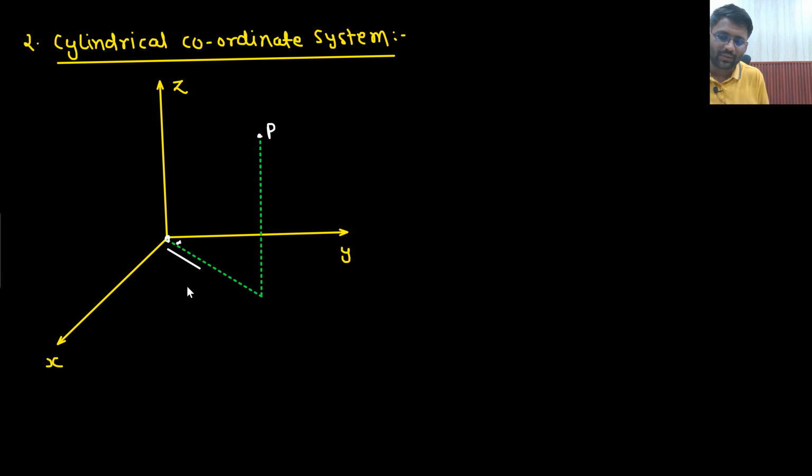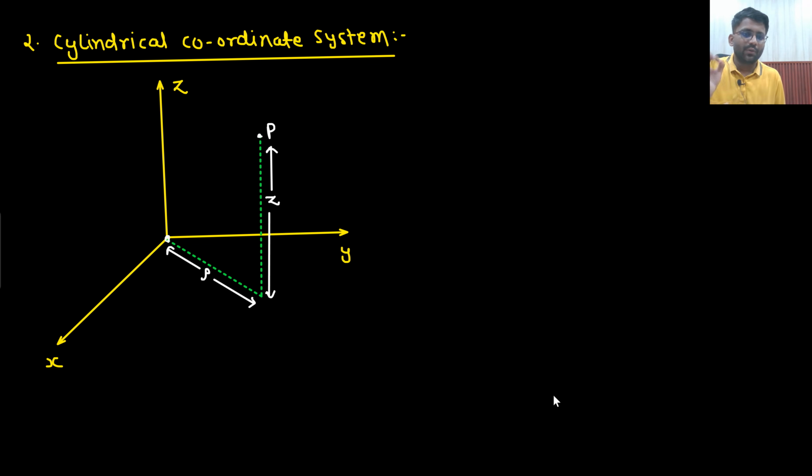For rho distance you come, and then you go for z. So is it enough?